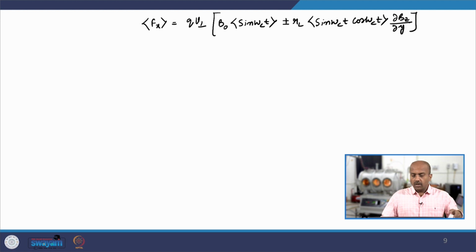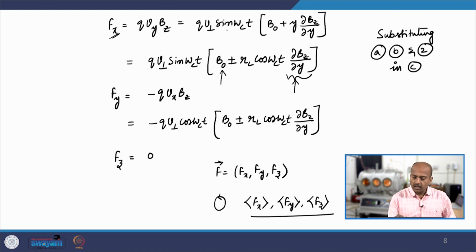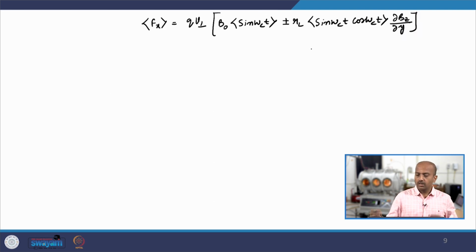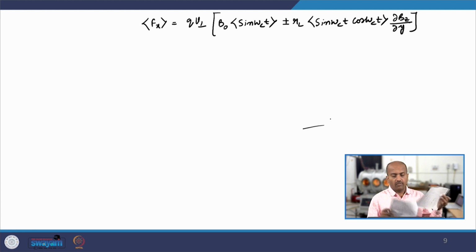You see this, what I have done is I have taken sin omega ct into the bracket and written an average of all the parameters. So, when you take an average during one gyro orbit, how will the things change?